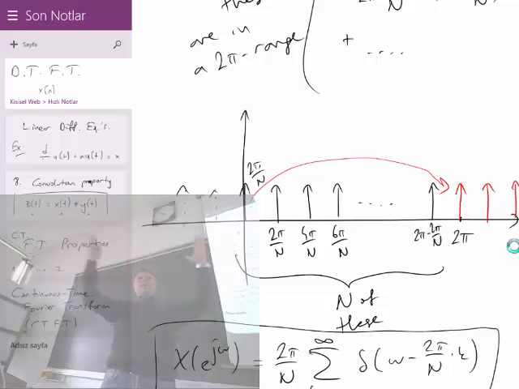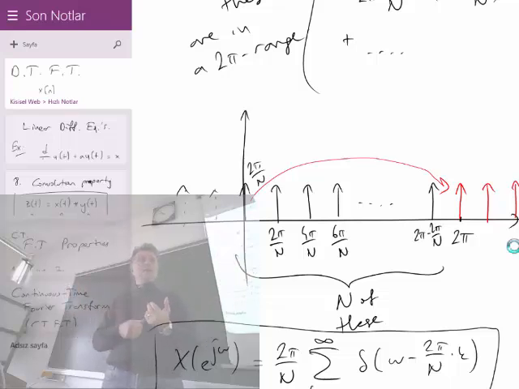Or if N is smaller and smaller, if the impulses are nearer and nearer in the time domain, then in the frequency domain, these impulses will be farther and farther away. They are inversely proportional. You make the impulse train narrower in one domain, you make it wider in the other domain. But they are both impulse trains.